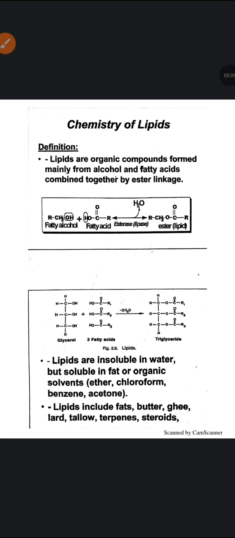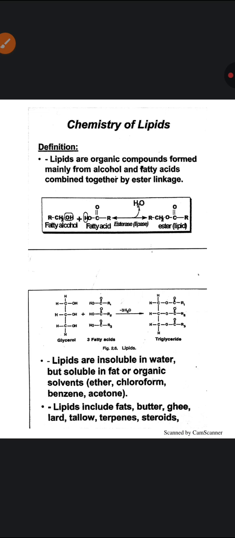with this slide that we are seeing now. Lipids are organic compounds formed mainly from alcohol and fatty acids combined together by ester linkage.